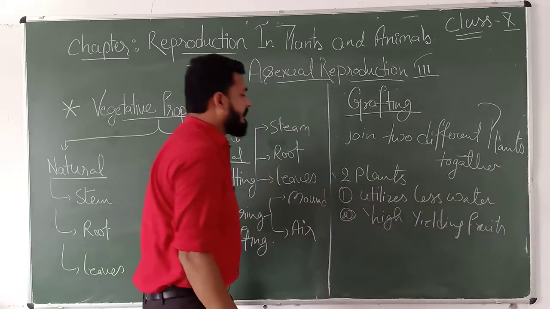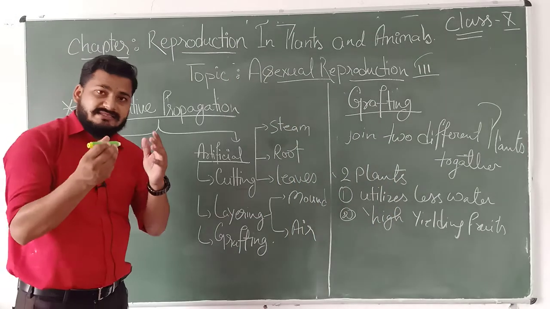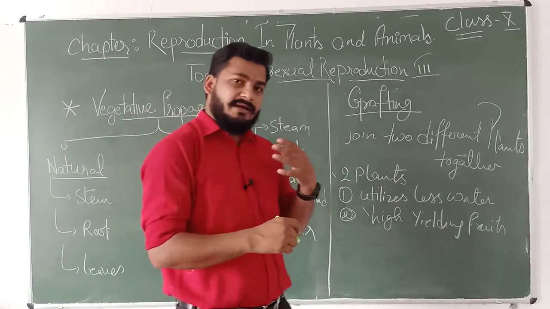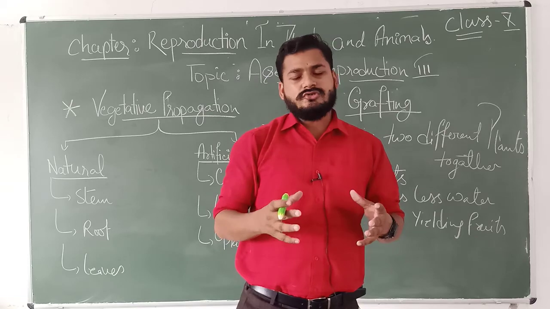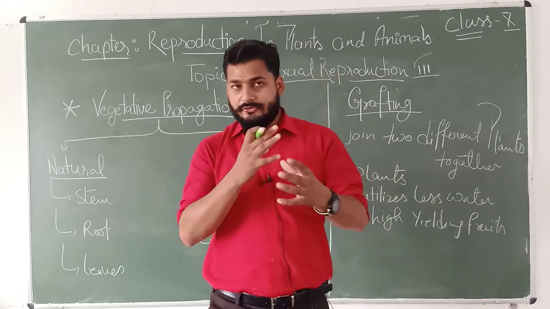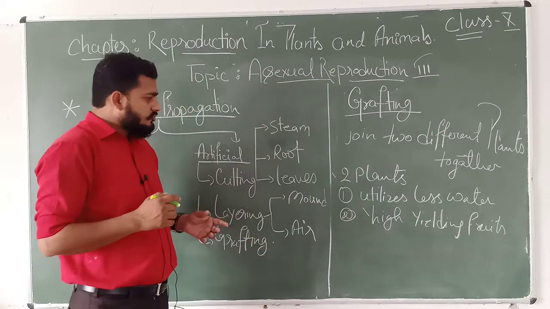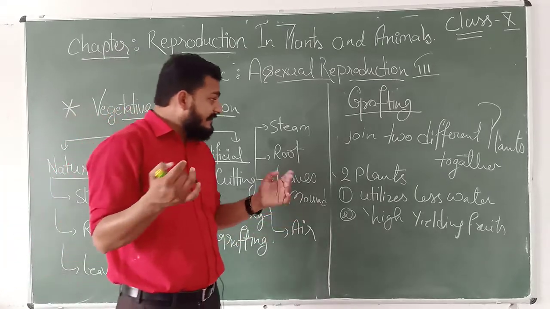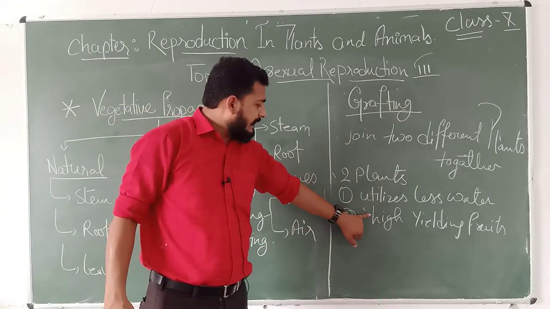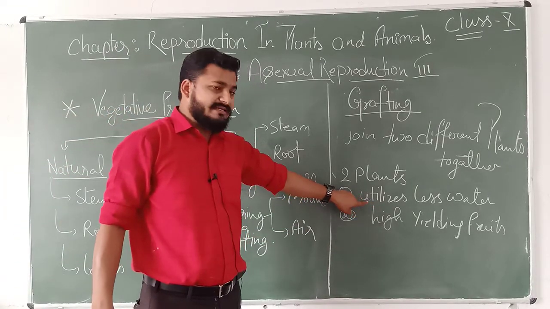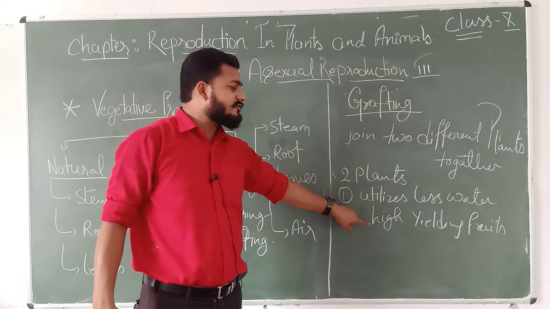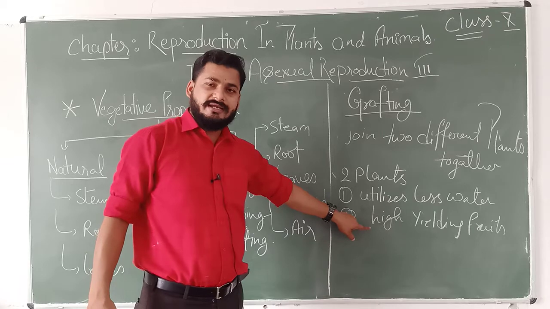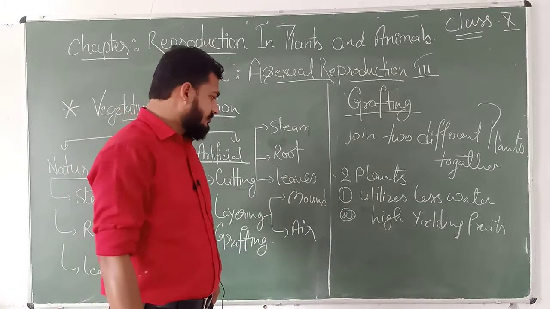Means the first plant utilizes less water, and the second plant gives a good produce of the fruits. So this is what we desire, that the new plant should utilize less water and we should get a good yield of fruits.